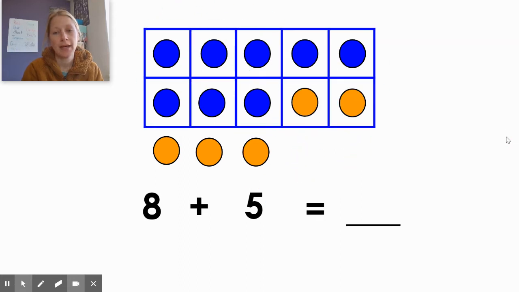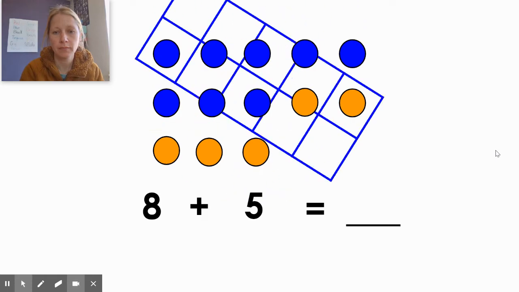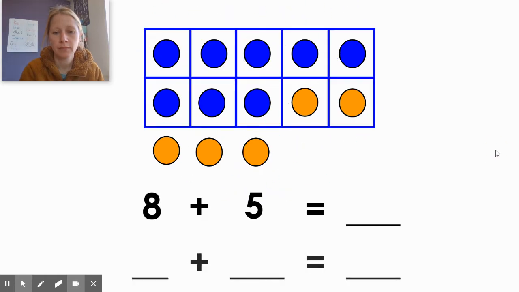I took 2 from my ones and I put them into my 10 frame to make 10. So now I have one group of 10 and 3 ones. Ten plus 3 is 13.